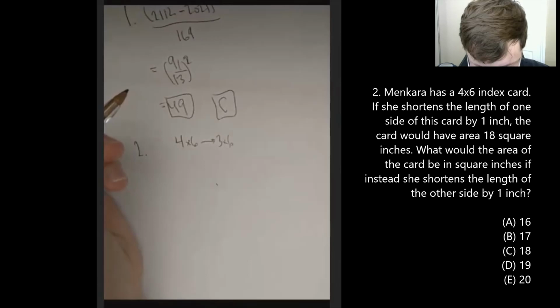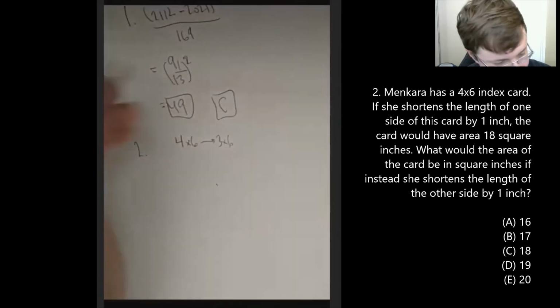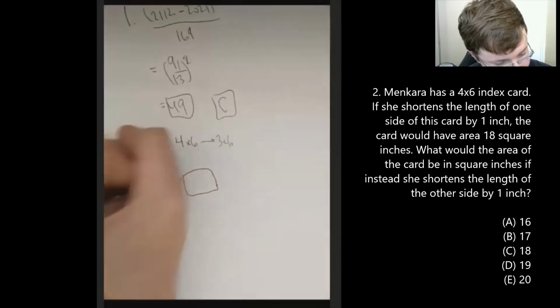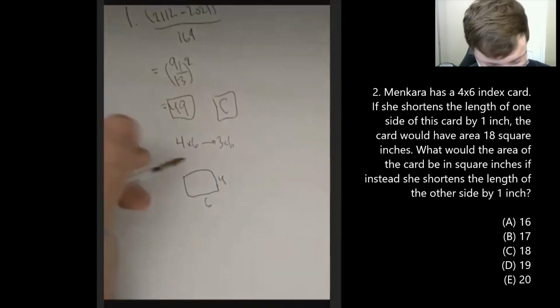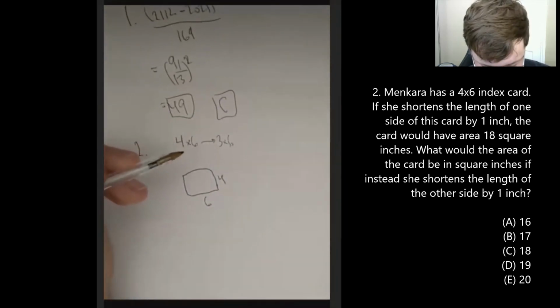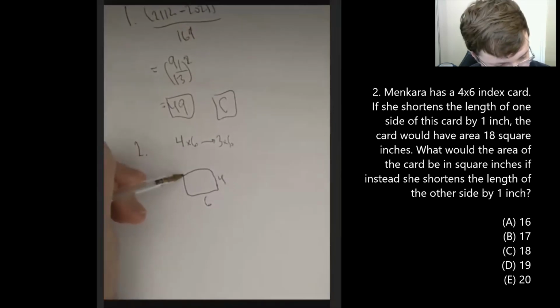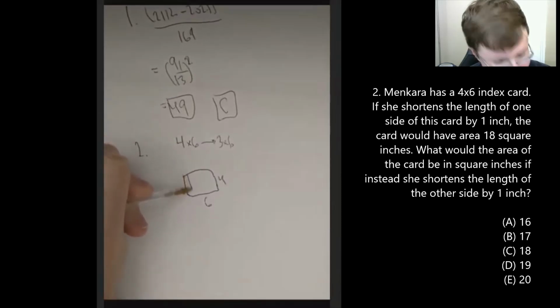If she shortens the length of one side, the card would have area 18 square inches. Am I really missing something this basic? If she shortens the length of one side, so it's like that?